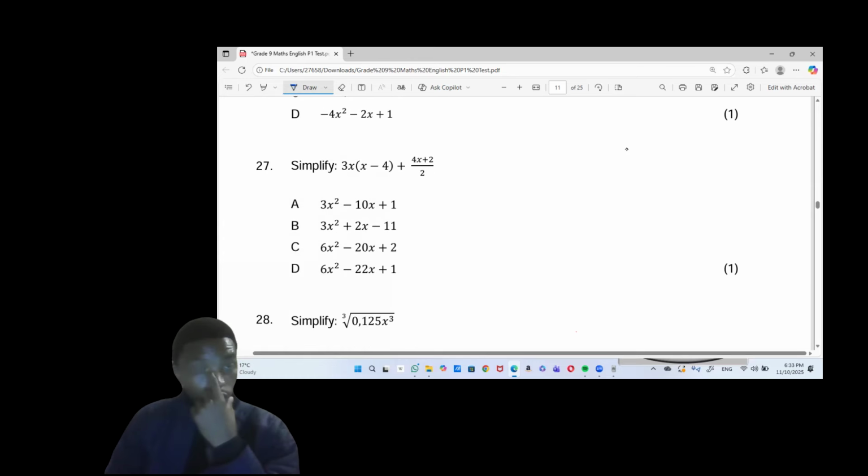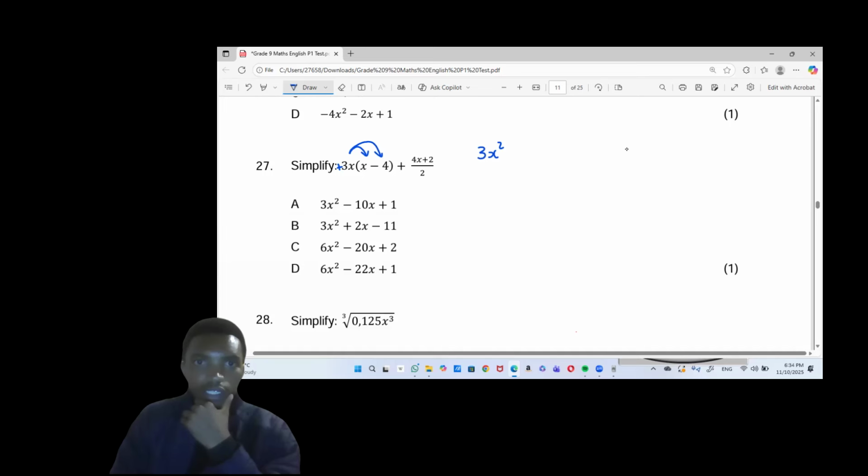And then coming to 27 now. Again, they're saying we should simplify. How do we simplify? Again, we go in there, right? So 3x times x is 3x squared. And then again, we go there. We had a positive there.